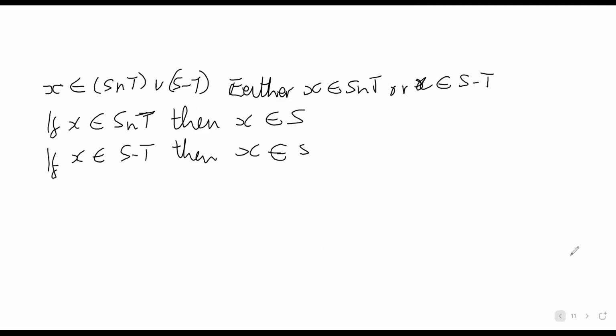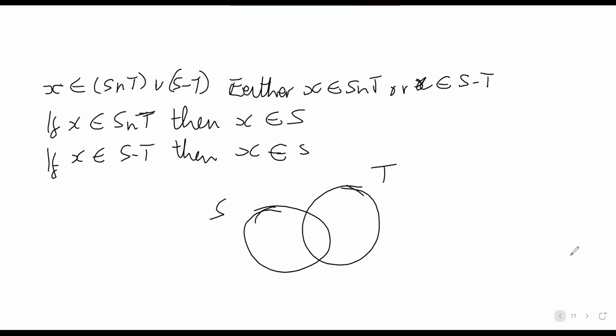Okay, so if we had the Venn diagram, then we'll have two items. This one S, then we have T. So this middle part is S intersection T, and this part is S minus T. Okay.